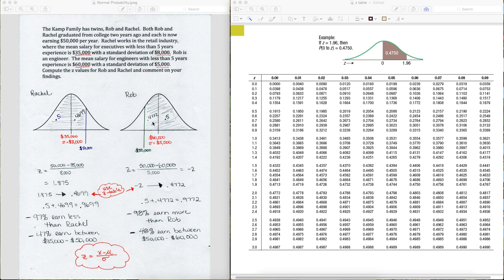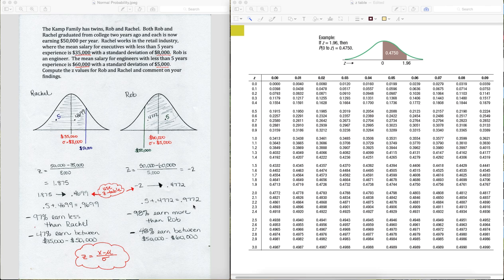0.4722. So 47%, almost 48%, of his industry is right between $50,000 and $60,000. 50% is above $60,000. So what does that tell us? Well, if we add these two shaded parts together, 0.5 plus 0.4722, we get 97, almost 98% earn more than Rob.